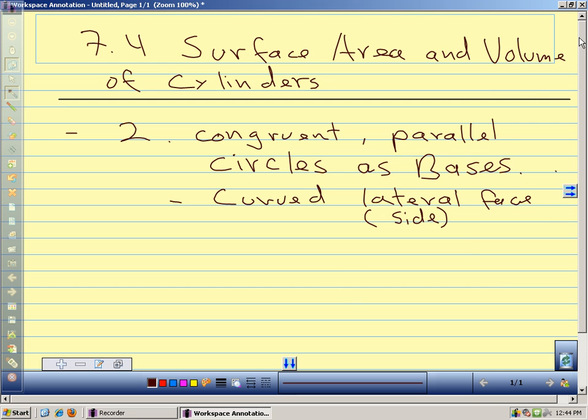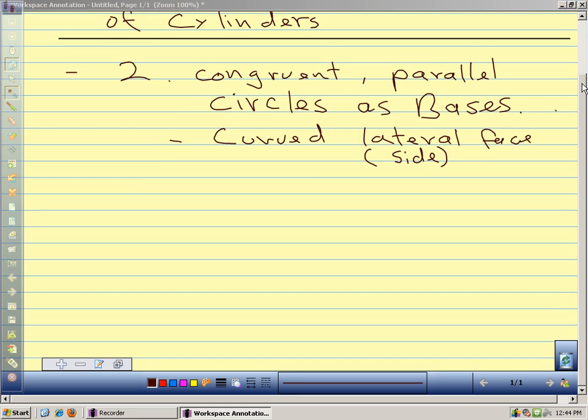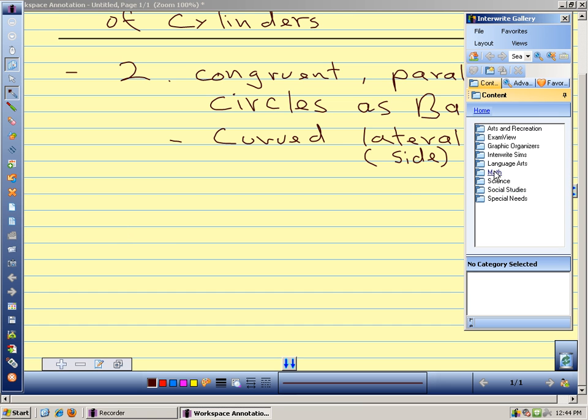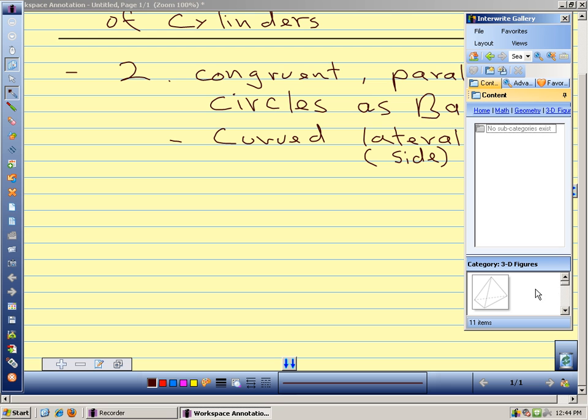So let's draw a couple of pictures and label our parts. Cylinders are a little simpler than prisms because there are fewer parts to them. We don't have to keep track of it quite as much. So let's grab a cylinder here.